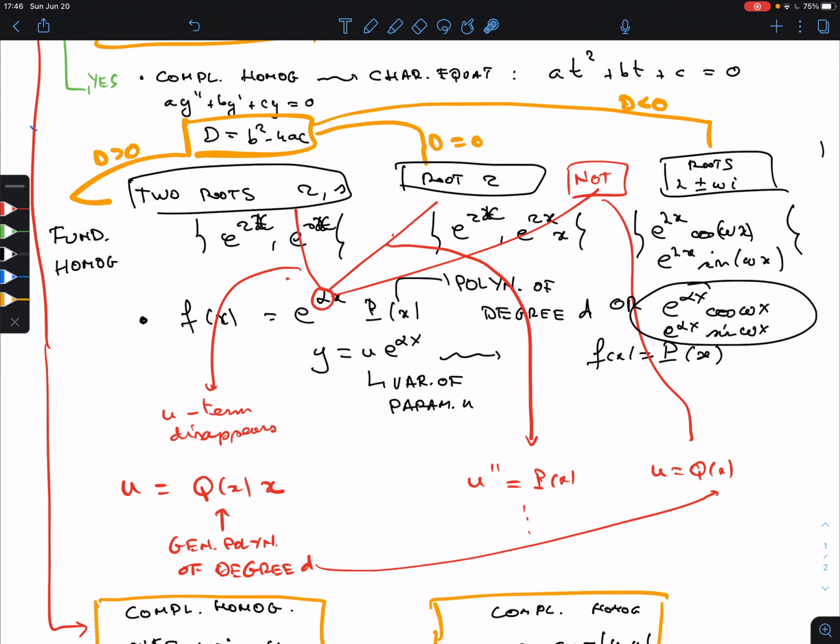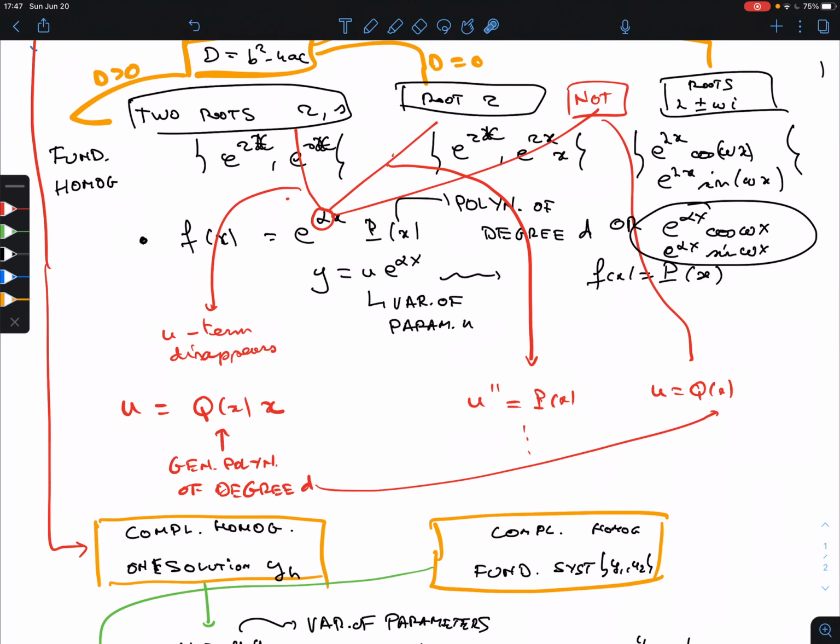Notice that alpha is a real number, so it can never be in this case; here, we are in this case. Now the question is: is alpha plus omega i a root? It can only be a single root.